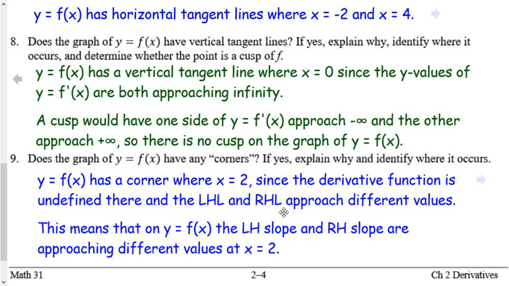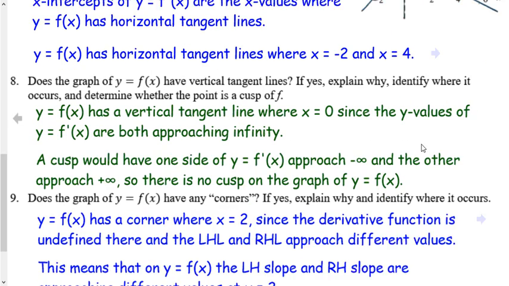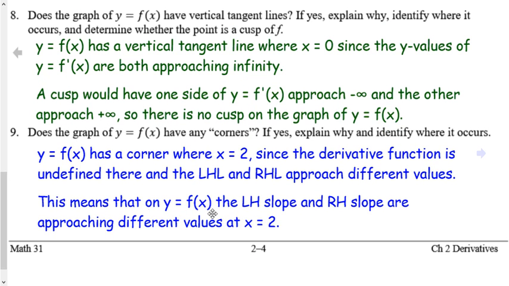Since my left hand limit approaches this value, it's saying that the slope on my original function is approaching this positive number, but from the right side, it's approaching a smaller positive number. So both are positive, but the graph has different slopes. My original function will have different slopes because my derivative function has different y values at those two edges. So this means for y equals f of x, the left-hand slope and the right-hand slope are approaching different values.